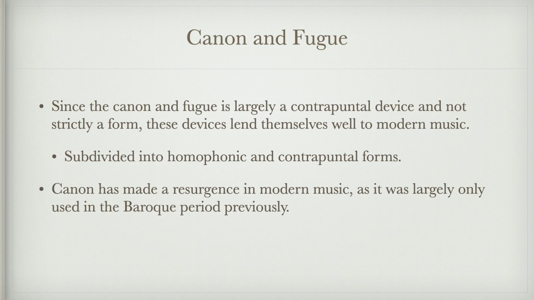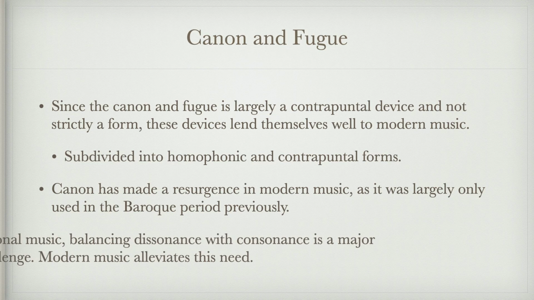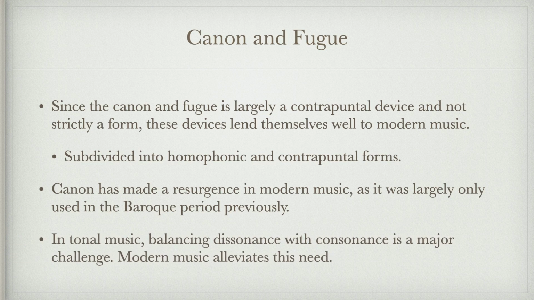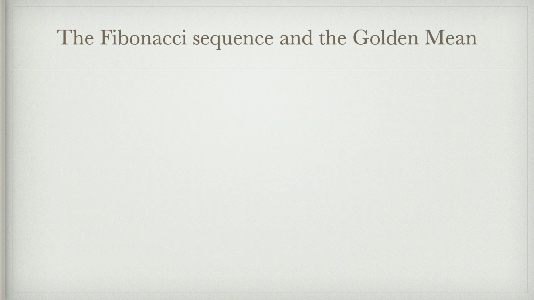It's not to say you're not going to find it in the classical and romantic period, especially if you look at music from England, but it typically was cast aside in favor of the larger forms like the sonata and the concerto for this classical going into the romantic period. So in tonal music, balancing dissonance with consonance is a major challenge, but modern music alleviates this need, which makes canon and fugue an ideal option for modern composers.